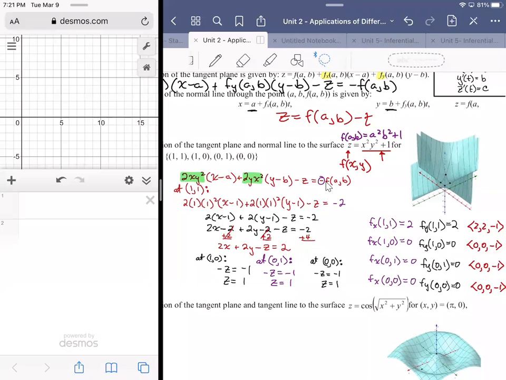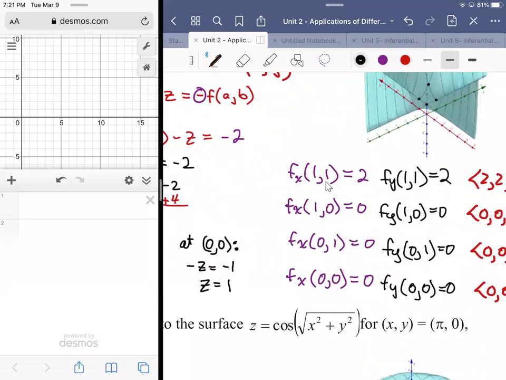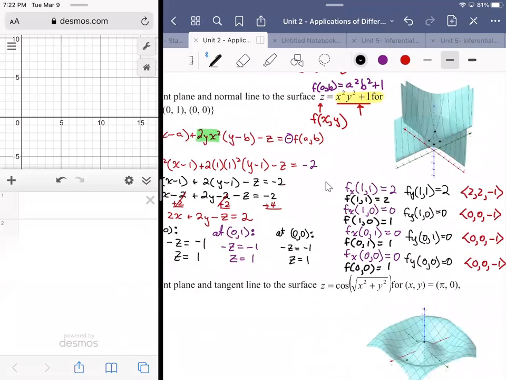So we know that if we plugged in a 1 and a 1 to the original function, we got a 2. So I can make a little note of that and tuck it in here. It was 2 for the first one and 1 the rest of the way.